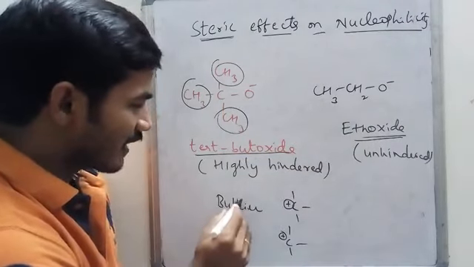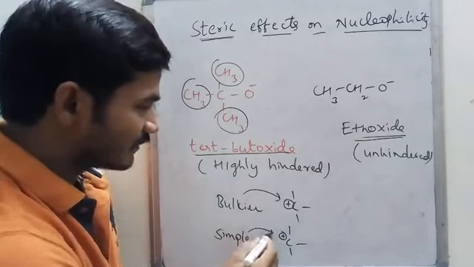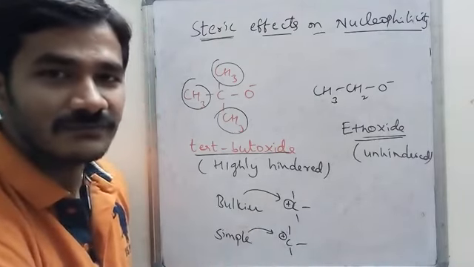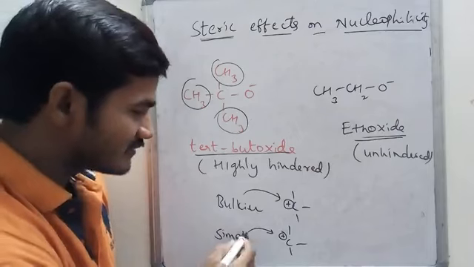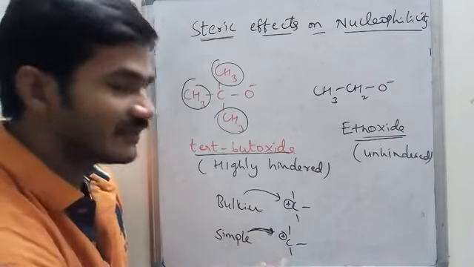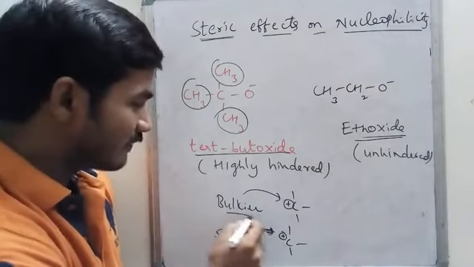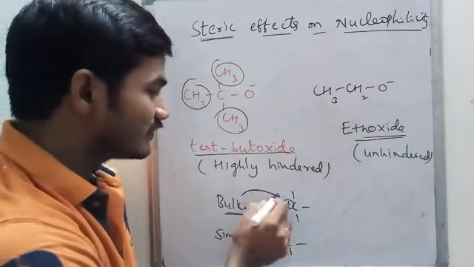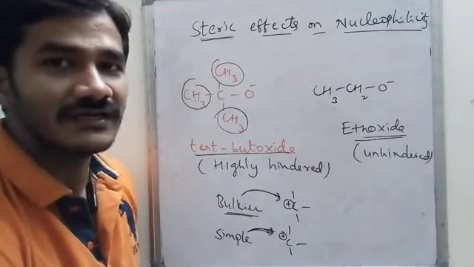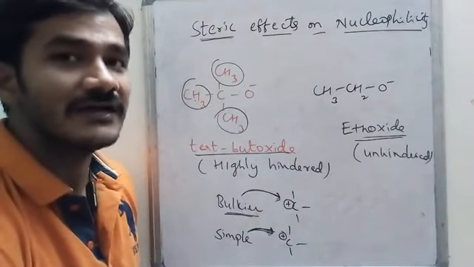Can you tell me which can easily reach the carbon and easily form the bond? Obviously the simple molecule. The simple molecule can easily reach the carbon and form the bond. Whereas the bulkier one cannot reach the carbon because three sites are sterically crowded. Due to more mass, it cannot attack.